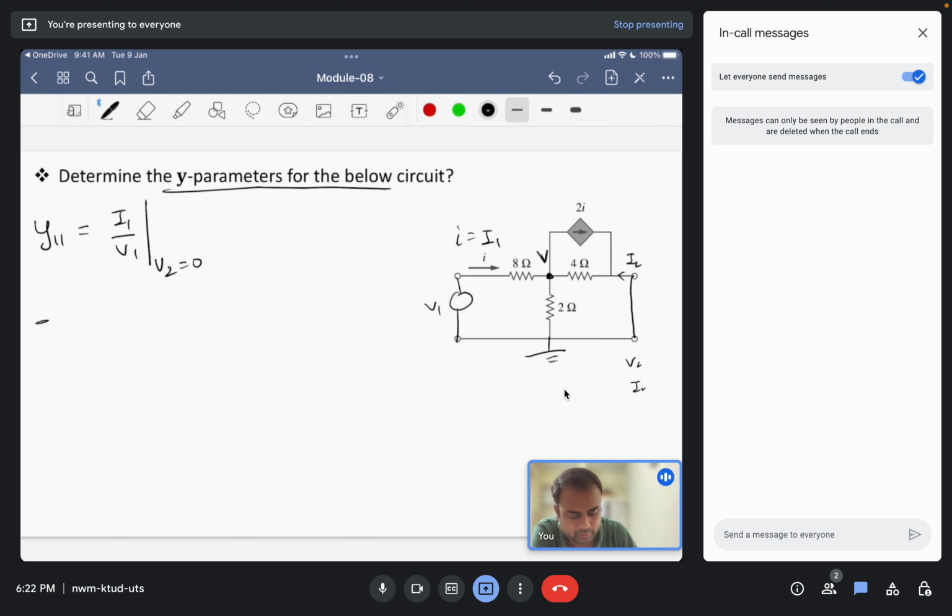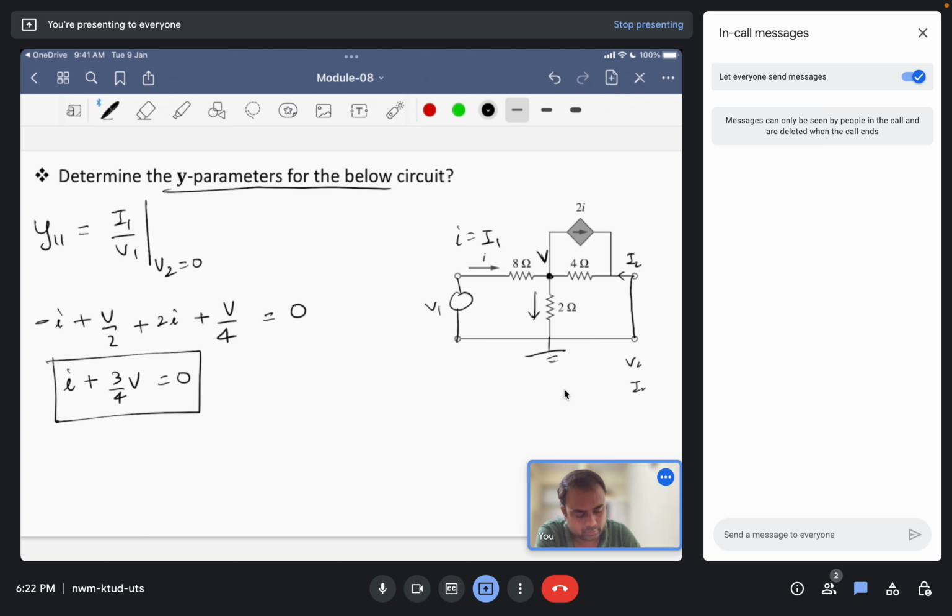So minus I, since the direction of current is inwards, minus I plus V by 2, that is this current, plus 2I, that is the current through the dependent source, and finally through the 4 ohm resistor the current will be V by 4 is equal to 0. So I plus 3 by 4 V is equal to 0. So this is our first equation.